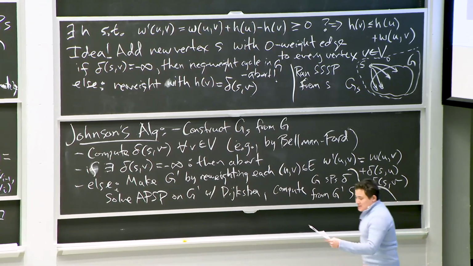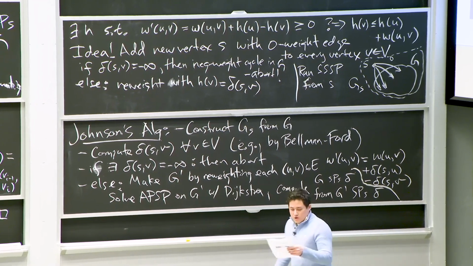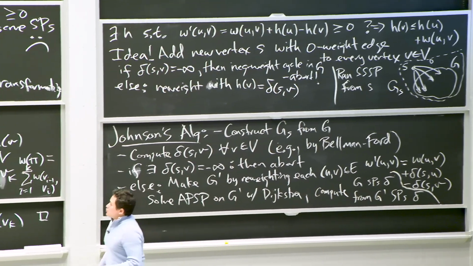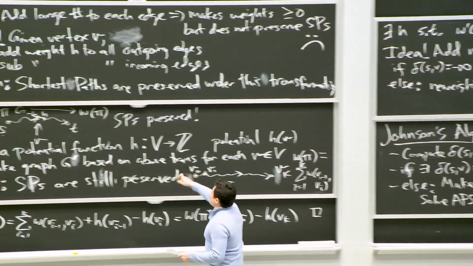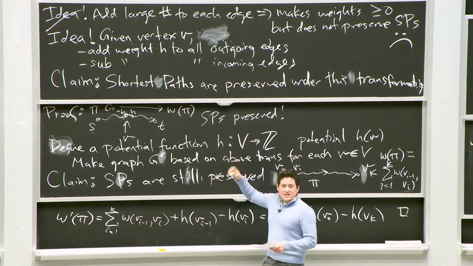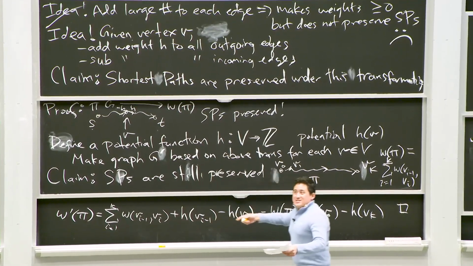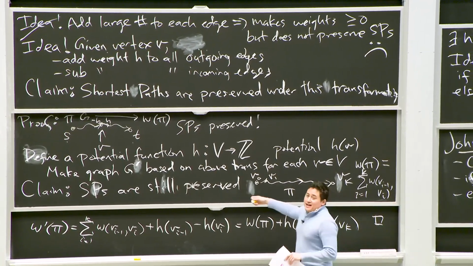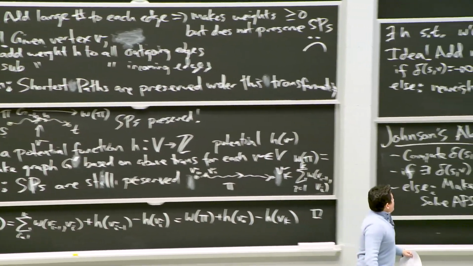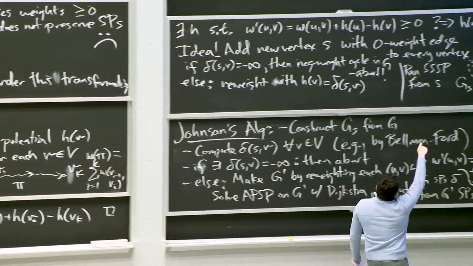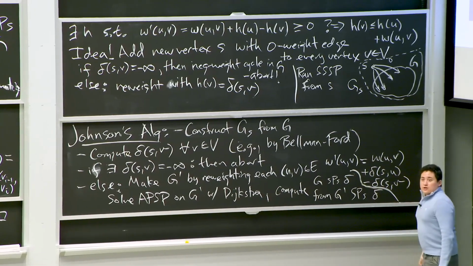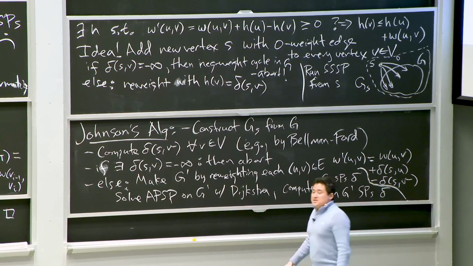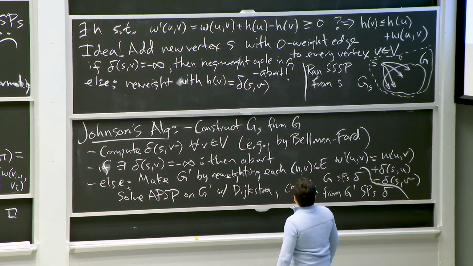It's basically correctness is trivial, right? We already proved the whole part of this lecture, the interesting part of this lecture, was proving that if we had a transformation based on a potential function that changed outgoing edges in a symmetrically opposite way as incoming edges, then that preserves shortest paths. And then realizing that the triangle inequality enforces this condition that edge weights will be non-negative under this reweighting.